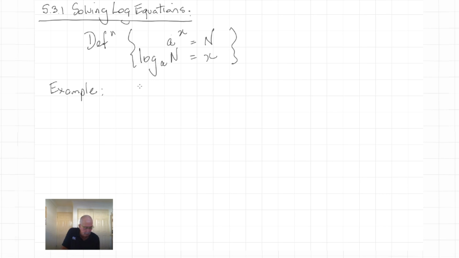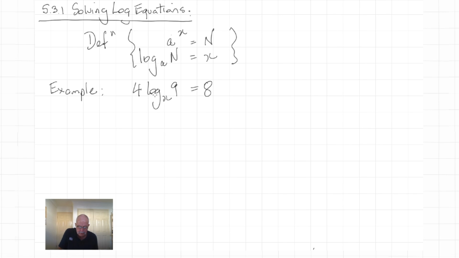If we've got 4 log to base x of 9 equals 8, we can firstly divide both sides by 4. So 4 will go into 8 and we can get rid of that.